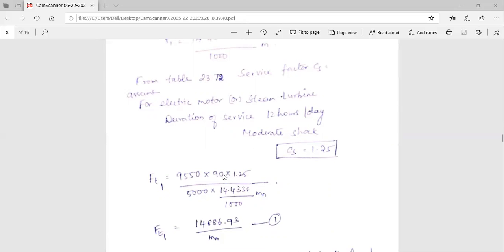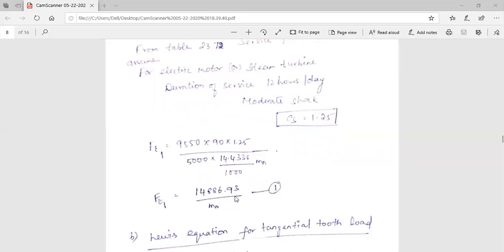Substitute the value in kilowatt only, as the data handbook gives the units to apply. Power 90, service factor 1.25, divided by n1 is equal to 5000 multiplied by r1 is equal to 14.4338, applied in meters only, so you divide by 1000 mm. So we got the Ft1 value, the normal tangential tooth load.